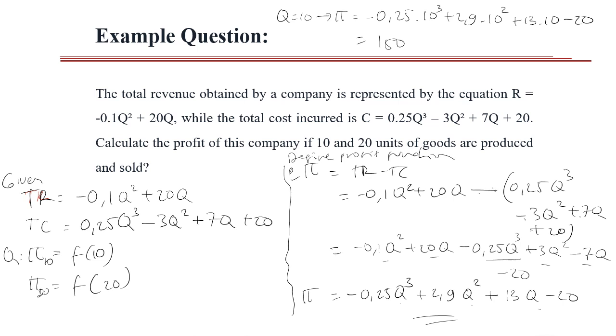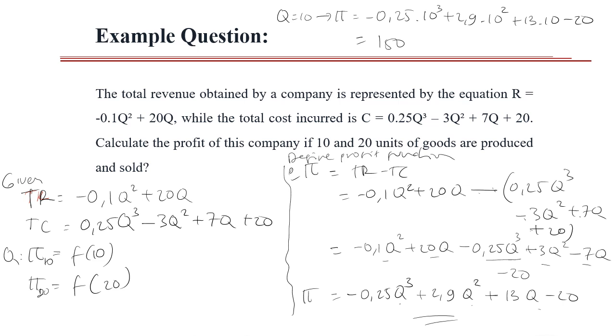Then P will become minus 0.1q quadrat plus 20q. Now open the brackets: minus 0.25q cubic, minus times plus 3q quadrat, minus times plus is minus 7q, minus times plus is minus 20.